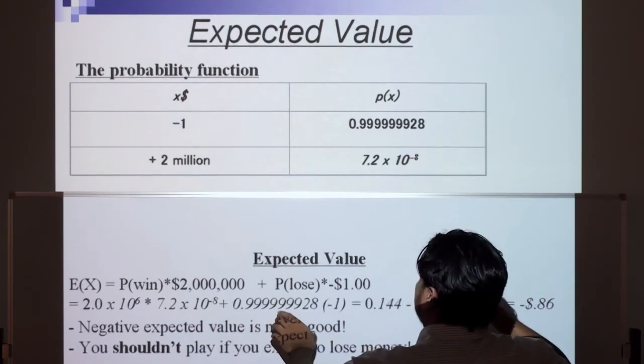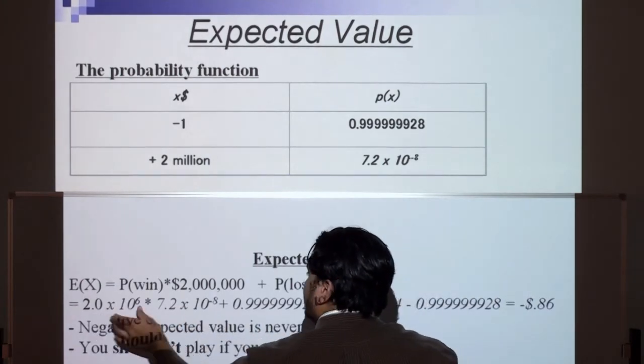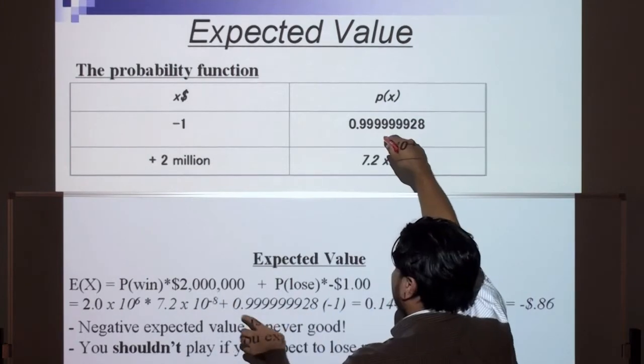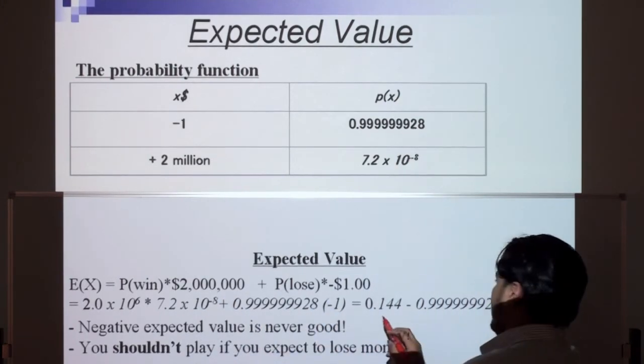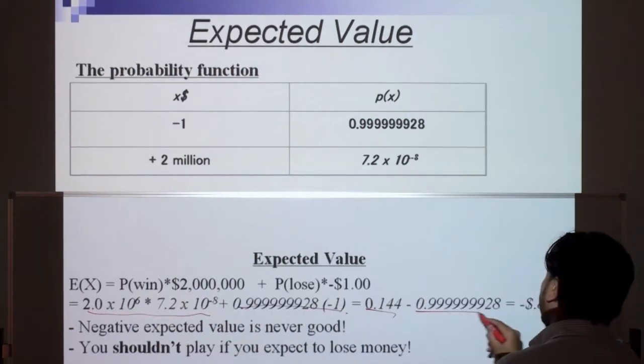And then we add that to the chance of losing $1. So you have $2 million multiplied by the probability here, plus the probability of losing $1. And you get that value here, and this value over here.